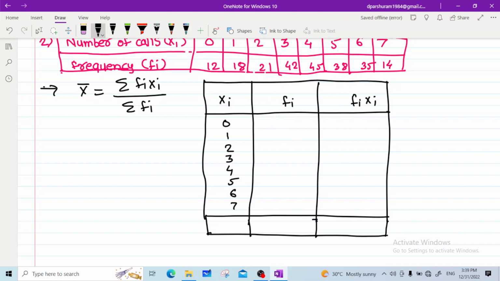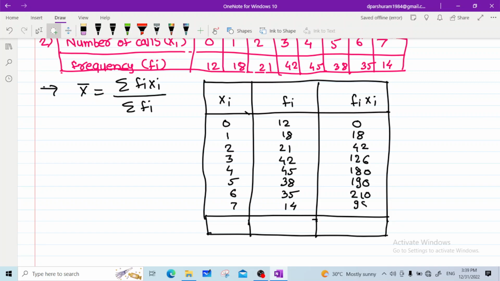Their respective frequencies are 12, 18, 21, 42, 45, 38, 35 and 40. Then the product fi xi: 0 into 12 is 0, 1 into 18 is 18, 2 into 21 is 42. Calculate all these terms.